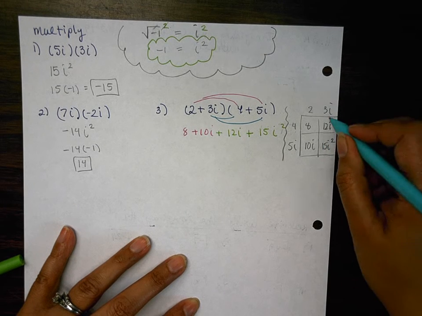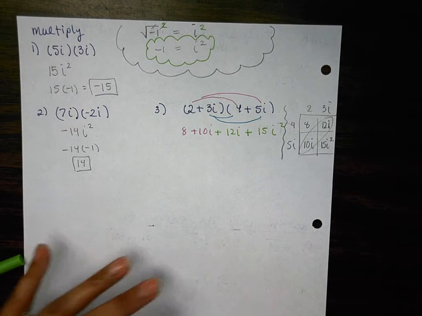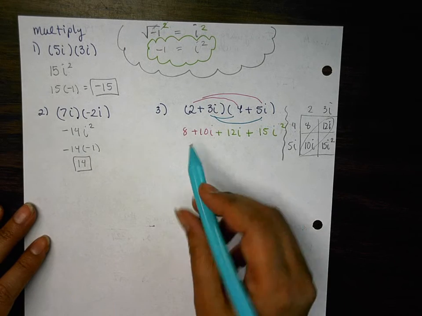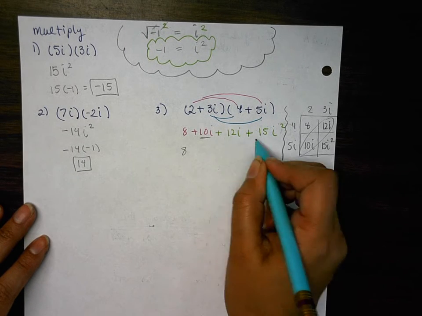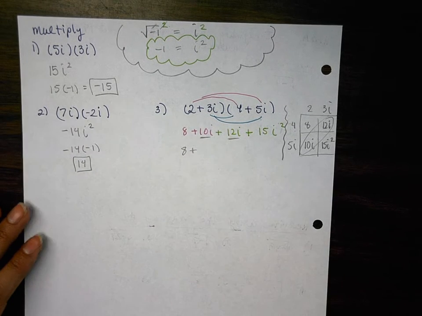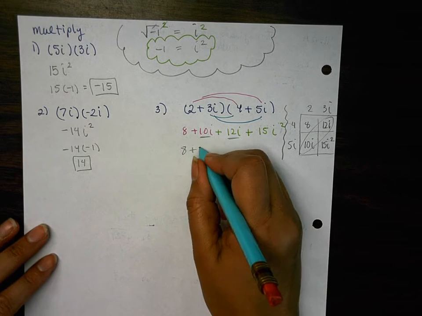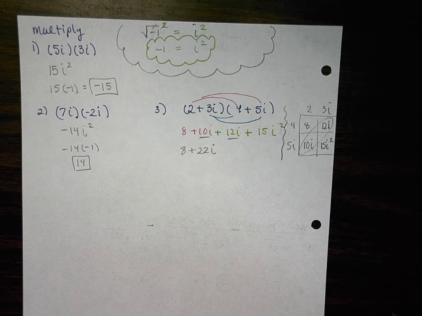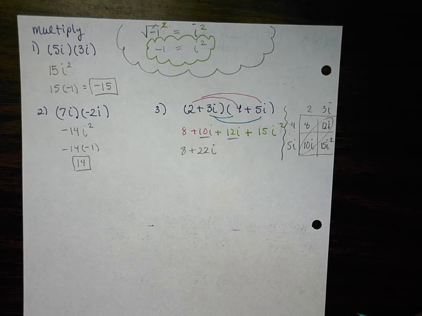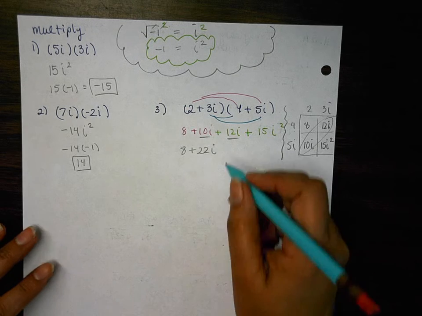And 5i times 3i is 15i squared. And these here would be your like terms. Okay, so we have 8 plus what? What's 10i plus 12i? 22i. And be very, very careful with this last piece because it's not like what we're used to. What is 15i squared?